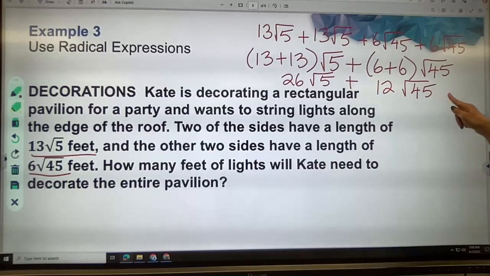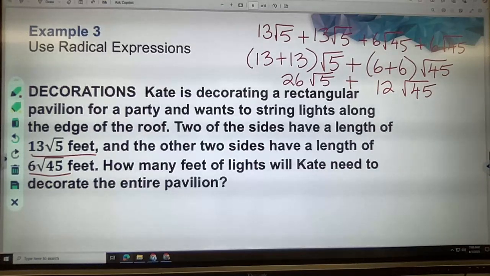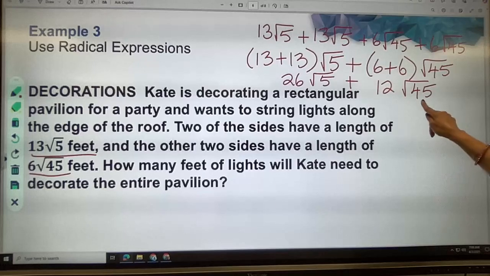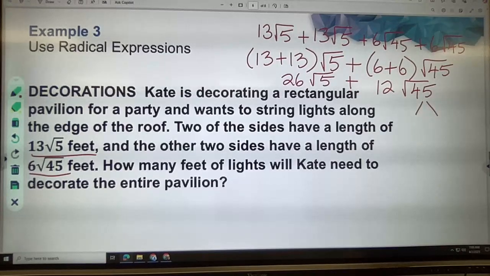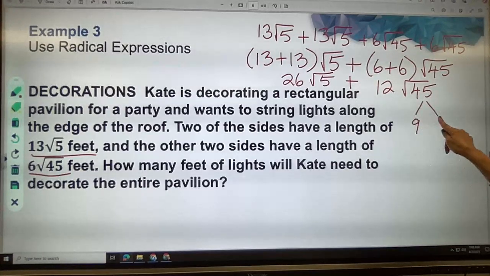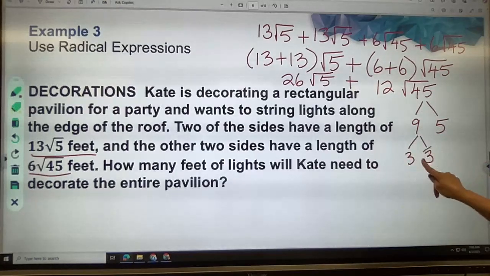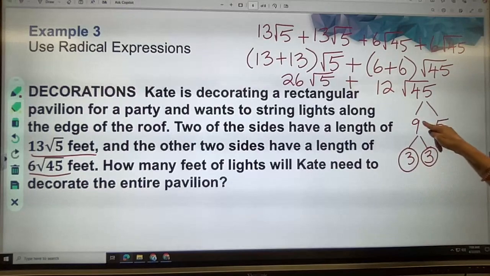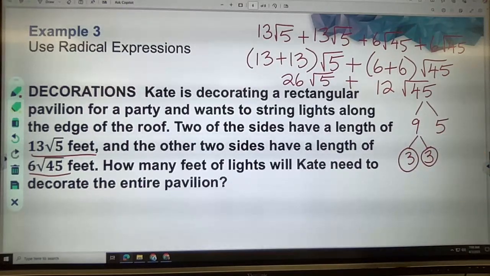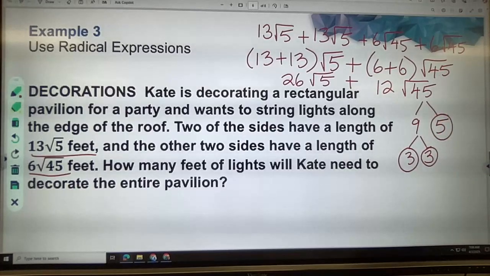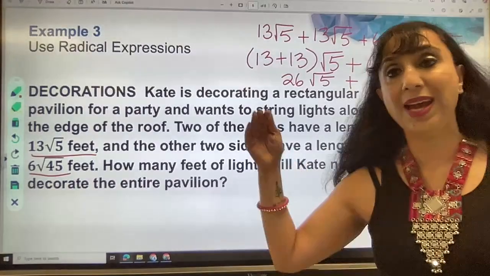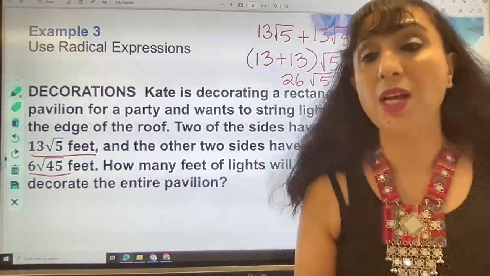Okay, now let's look at this part. Now I know that 45 can be simplified. If I do prime factorization, I know that 9 times 5 is 45 and 3 times 3 is 9. So look, here's my perfect square, because I am trying to take out all the perfect squares from under the radical symbol.